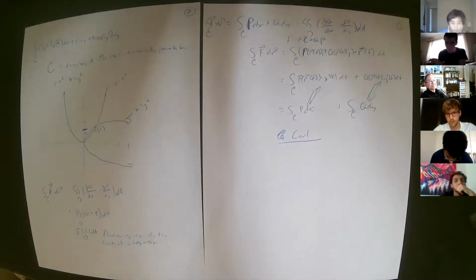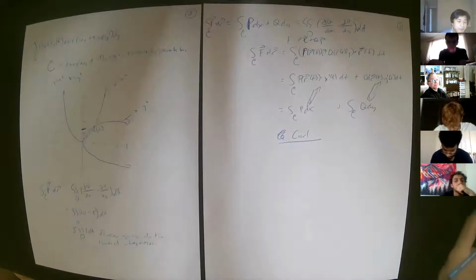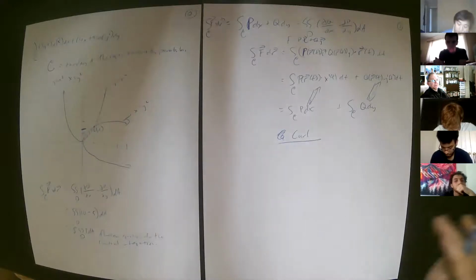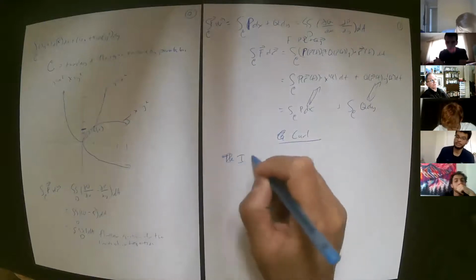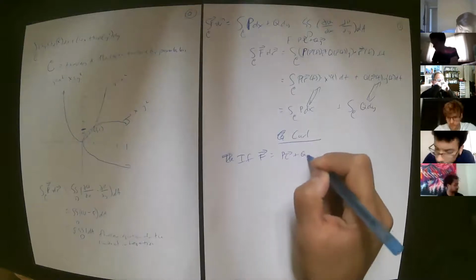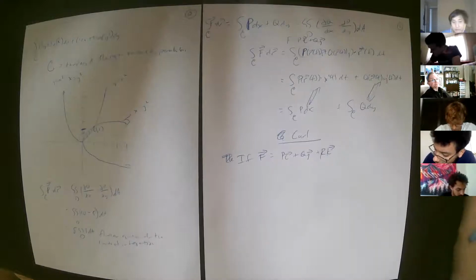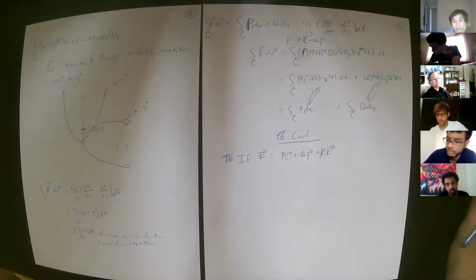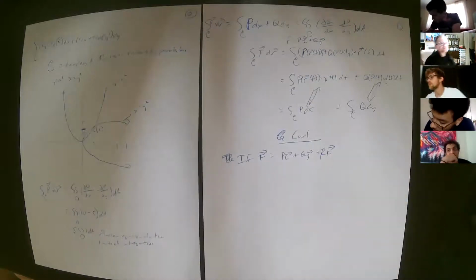Okay, so let's just define the curl, and we will see what it is. So the curl, if F equals (P, Q, R). So I have a vector field F, and I want to compute the curl.